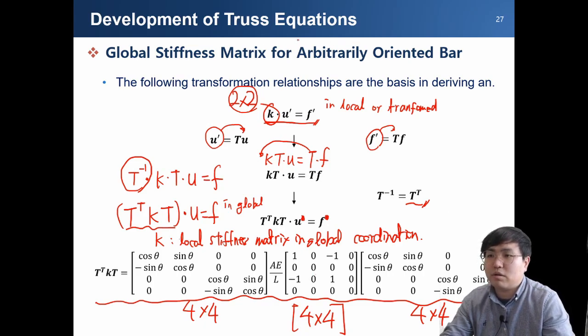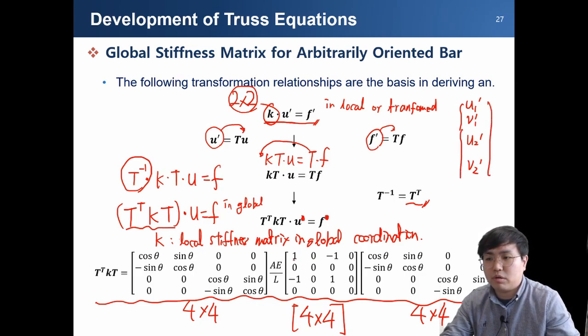Actually, in the one-dimensional case, we neglected displacement in the y direction. However, for convenience, we should consider the displacement in the v-axis direction, so that our local stiffness matrix can be expressed as 1, -1, -1, and 1.